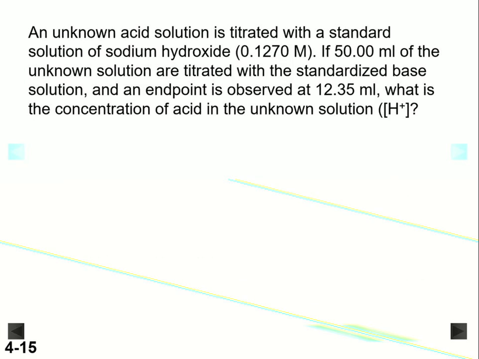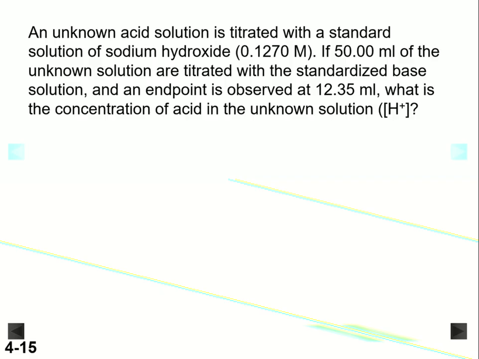And our example will be the following. We have an unknown acid solution. We titrate it with a standard solution of sodium hydroxide. And the standard sodium hydroxide solution has a concentration of 0.1270 molar.